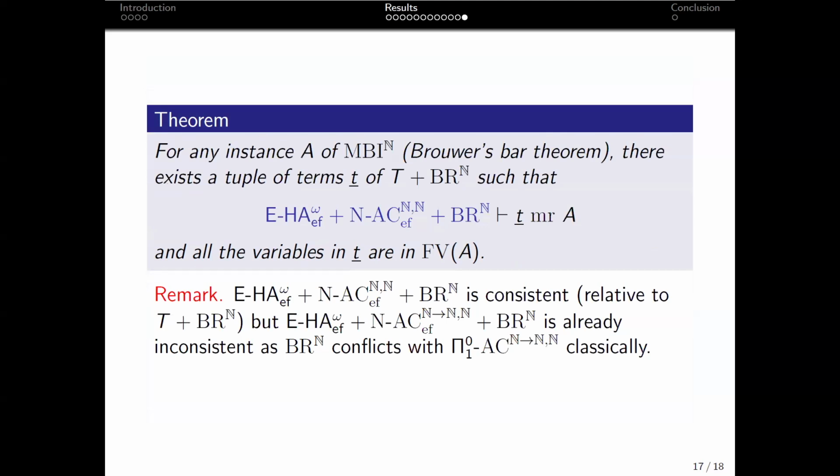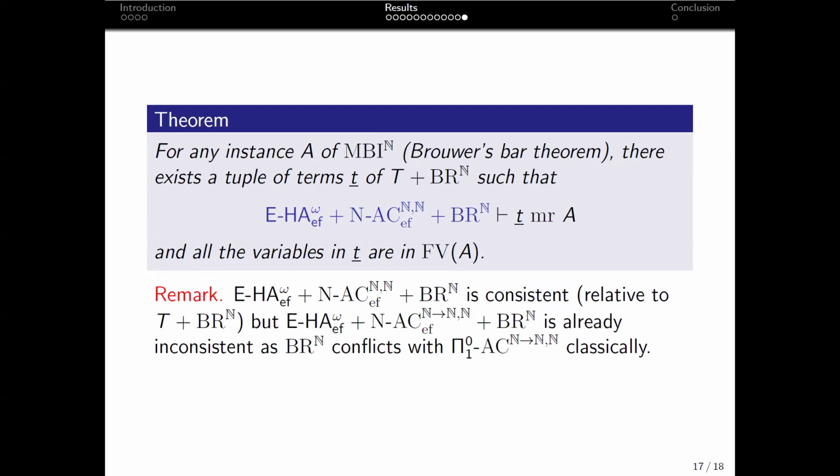The next thing is a somewhat subtle point, but if one considers the modified realizability interpretation of MBI, which is the cleanest formalization of Brouwer's bar theorem, then one can extract a term of the modified realizer of this one, verifiably in E-HA^ω-EF plus NAC-EF^{N,N} plus bar recursion.